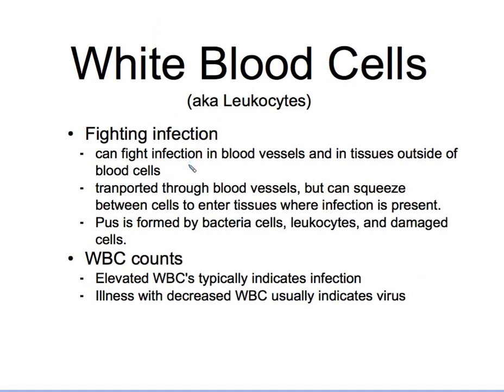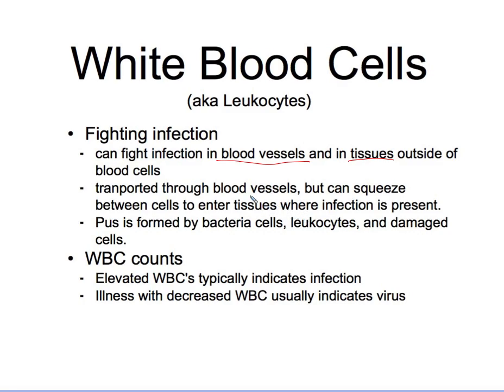This is how fighting infection works. White blood cells fight infection in blood vessels and tissues, both. Whether it's a disease that's in the blood or in your tissues, they can fight both. They're transported through blood vessels, but can squeeze between cells to enter tissues where infection is present.